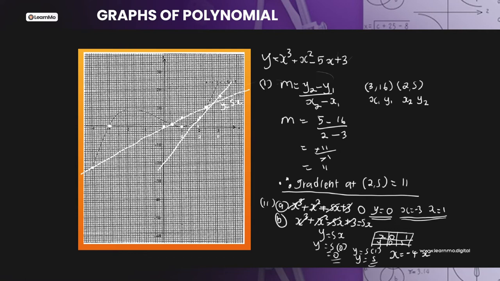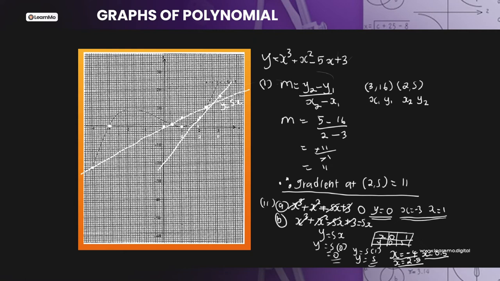So x is equal to 0.5. Then lastly, your x will be at this point, which is 2.5. So x is equal to 2.5. These are your 3 answers, and I'm sure this question has 3 marks. So you are done with the second part of the question.